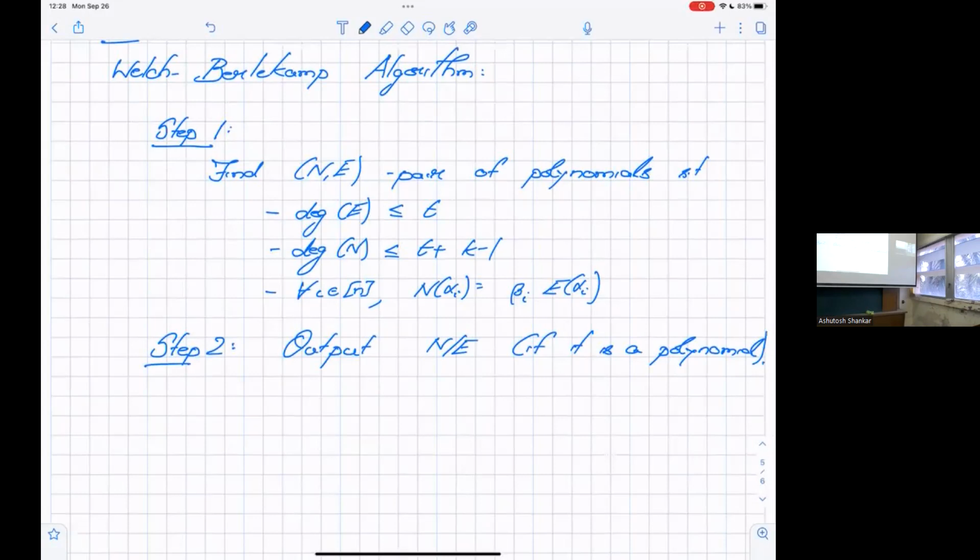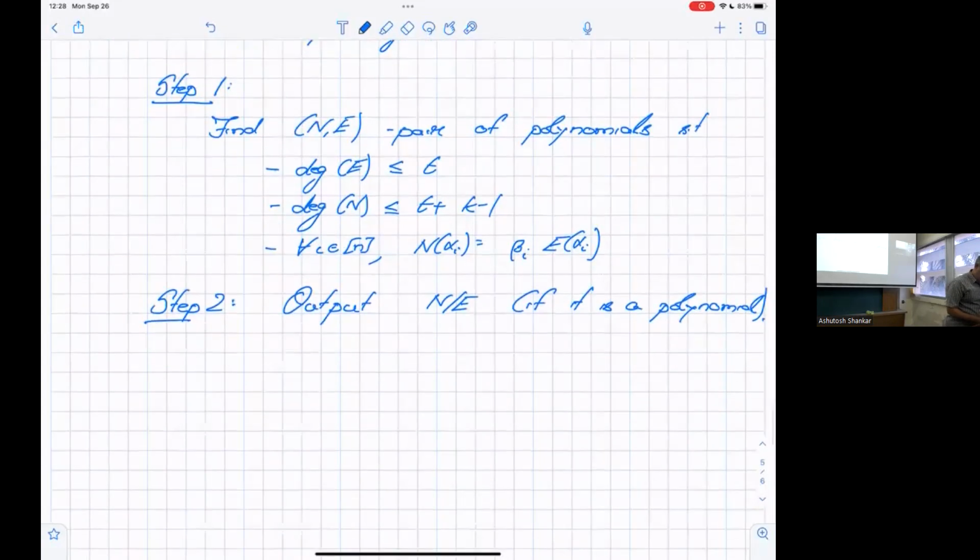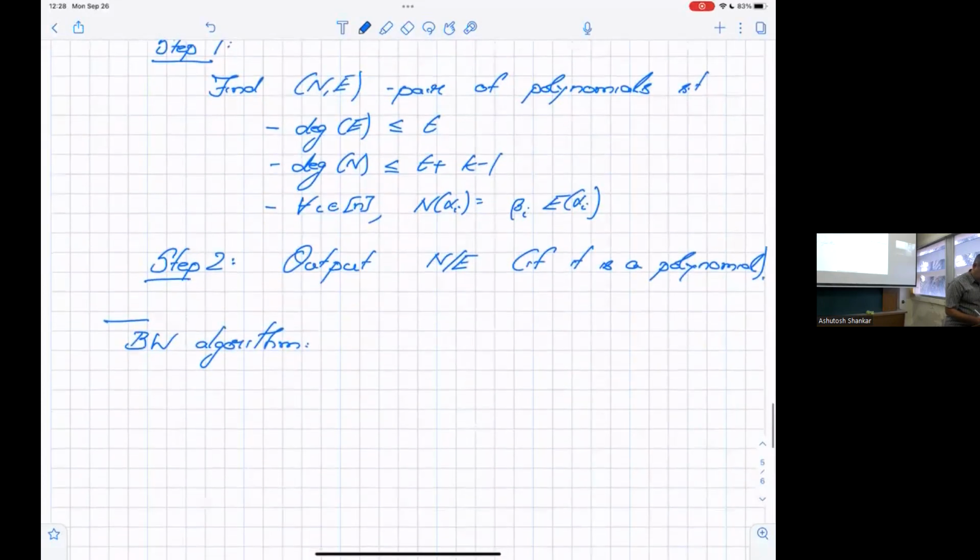Step 1 is just a system of equations, a linear system.